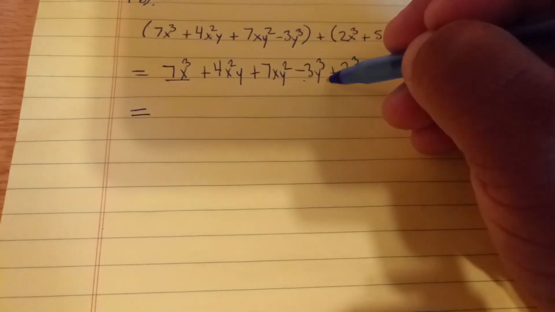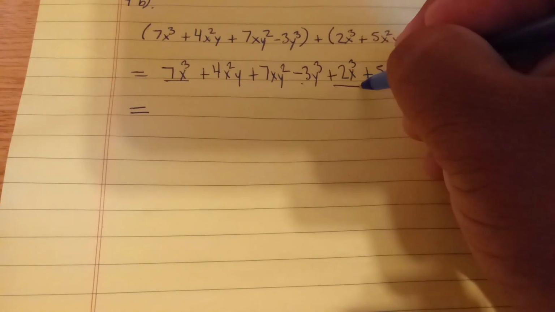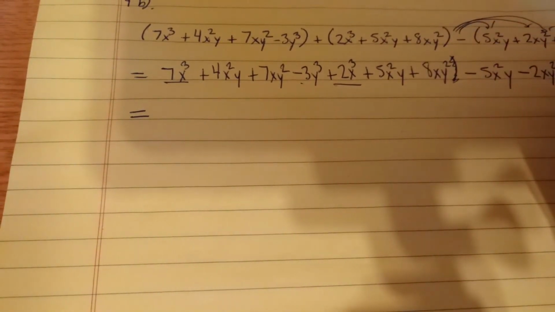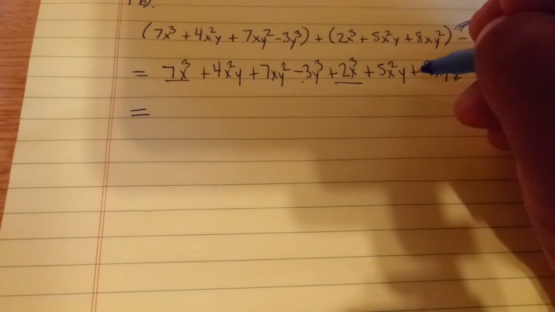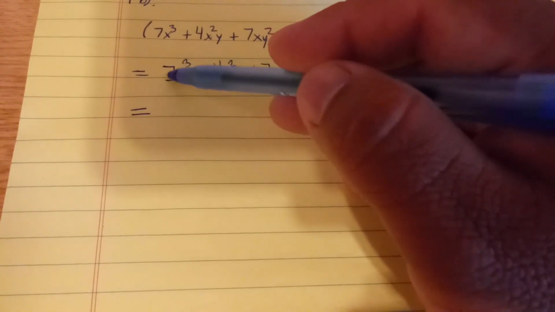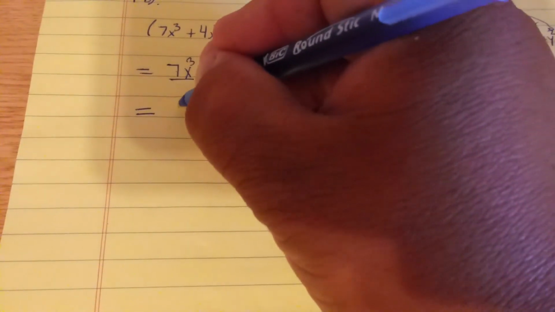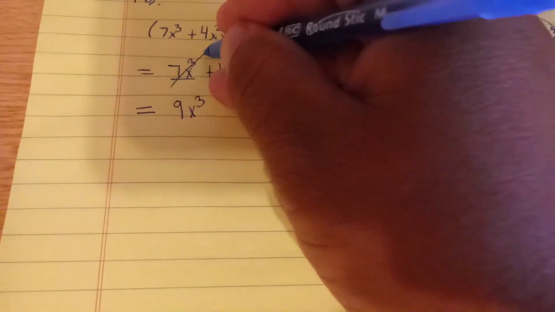And this one's y to the third, so that one doesn't apply. So you have another x to the third right there. And we notice that there's no other x to the third. Remember, we're only dealing with the coefficient part there. So 7 plus 2 will be 9, and the x to the third stays.